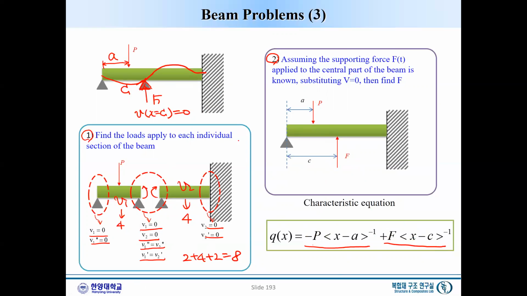Then we simply use again deflection equals 0 and moment equals 0. And at x equals L, deflection is 0 and slope equals 0. So using that, we can solve it.